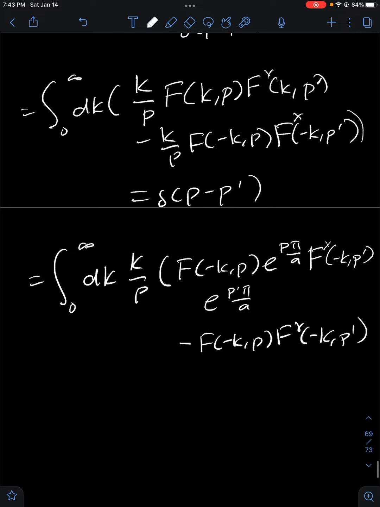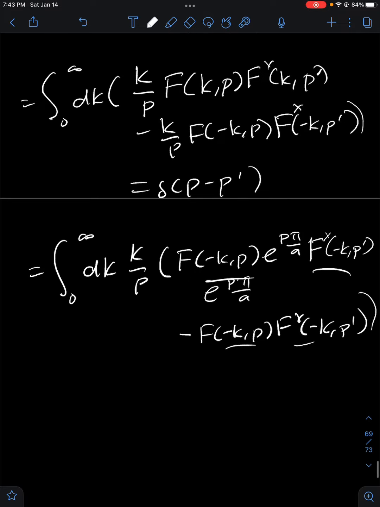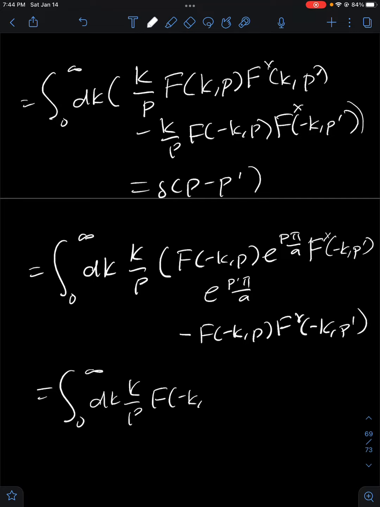So we did this so that we'd have like terms over here. And because of that, we can do some factoring. We can factor out the f of minus kp. That leaves us with e to the p plus p prime, pi over a, minus 1.